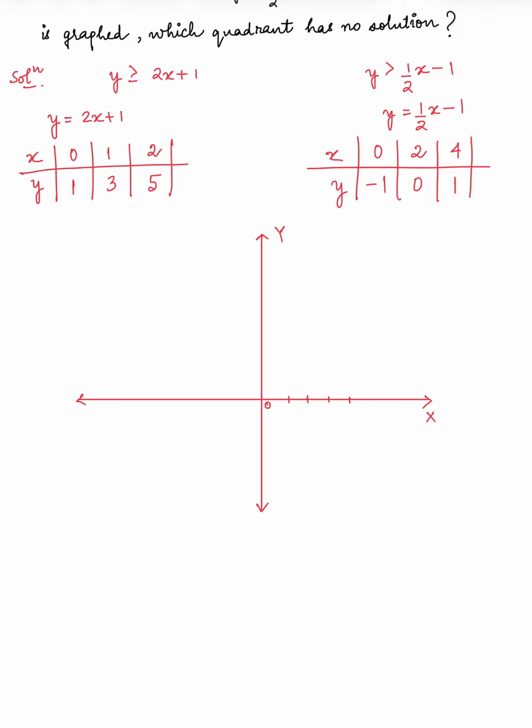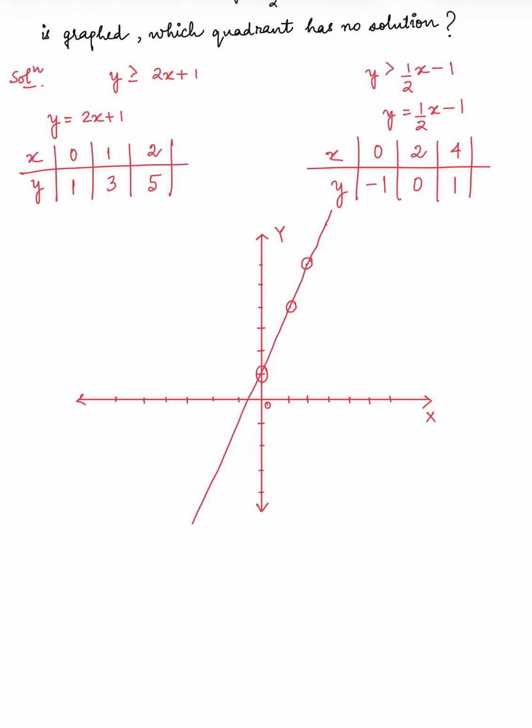I'll just mark points over here, because if I mark points, it will be easier for us to plot and check. Now for the first point, it is (0, 1), then (1, 3), and (2, 5). So this is my line.